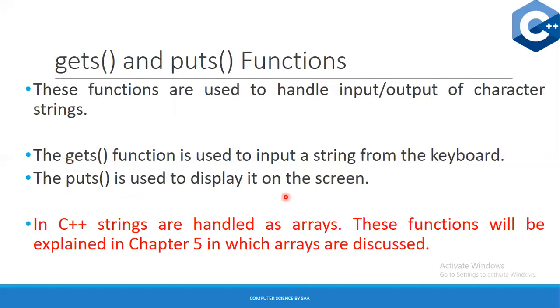These two functions will be discussed in chapter number 5 when we will be studying arrays. So here you just need to understand the basic difference between gets and puts, and you should know that these two functions are also used to get input and to show the outputs on the screen.